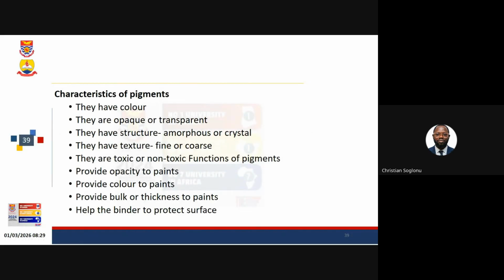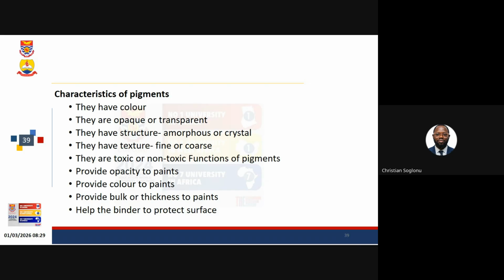So characteristics of pigments, we are saying that they have color. Initially, I think we've explained that already, that pigments are the hue in a paint. Whatever you mix in the paint, your powdered color that you add to your paint.